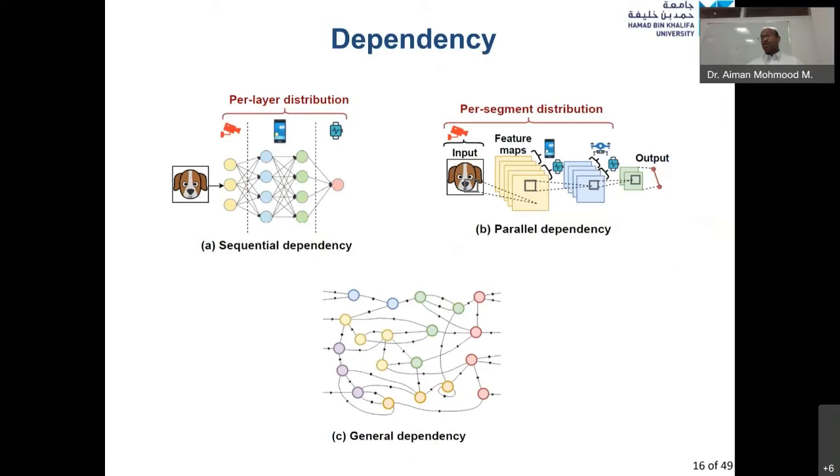And in that case, you can use the per-segment distribution, or you have this general dependency, as we said, and then you have sort of a graph and a lot of dependency, and you need to use different, more complex techniques for distribution.